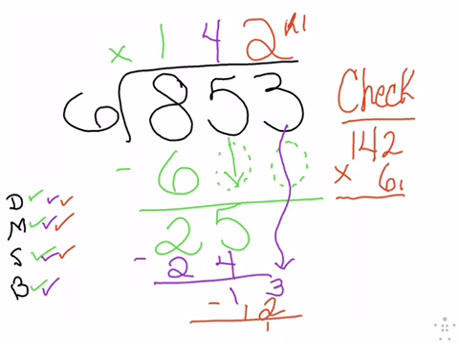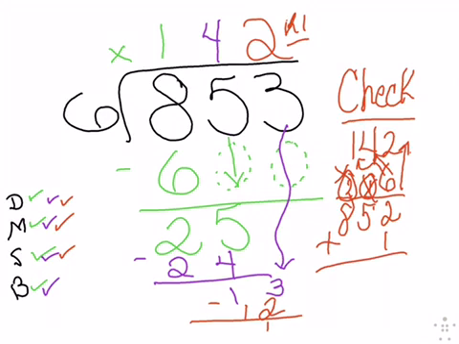And you say 6 times 2 is 12. 6 times 4 tens is 24 tens, plus 1 is 25 tens. 6 times 8 is 48, plus 2 is 50. Don't forget your remainder. They are indeed the same.